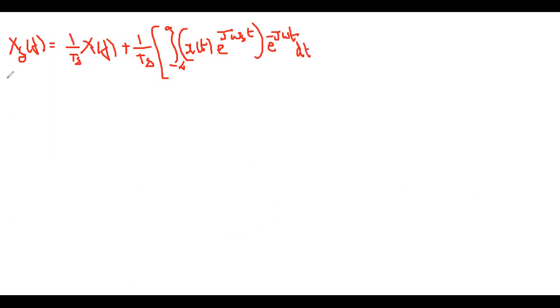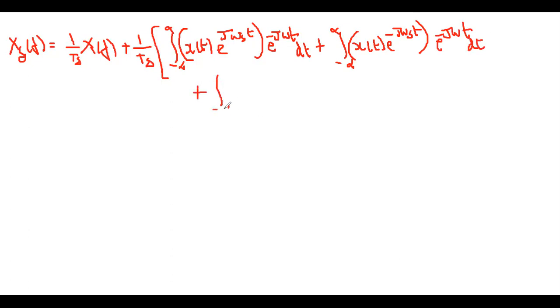Got it, my students? And for the next term, the integral minus infinity to infinity, x of t e power minus j omega s into t is the total signal, into e power minus j omega t dt, plus another third term, integral minus infinity to infinity x of t e power j 2 omega s into t is the total function into e power minus j omega t dt.